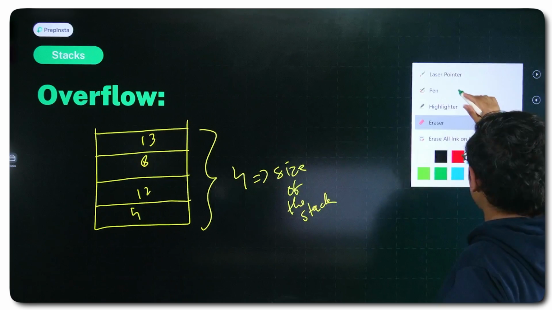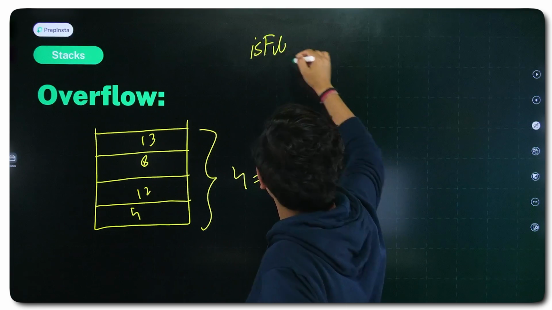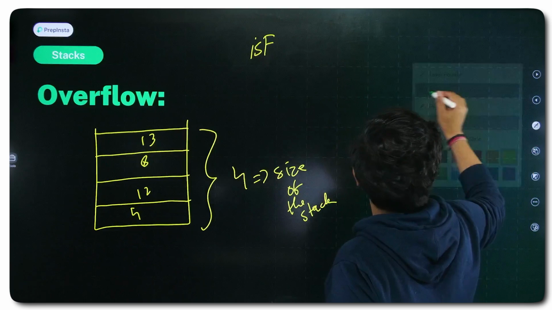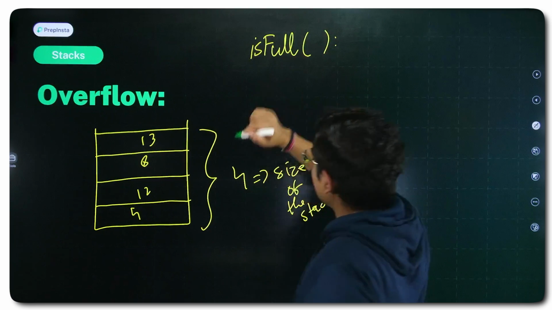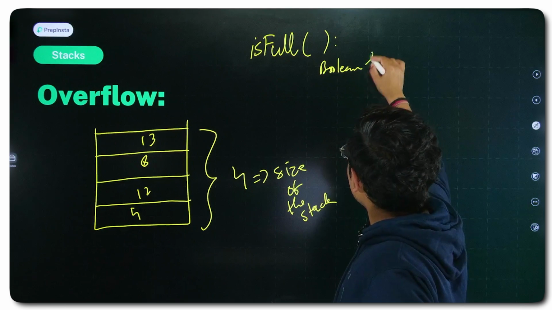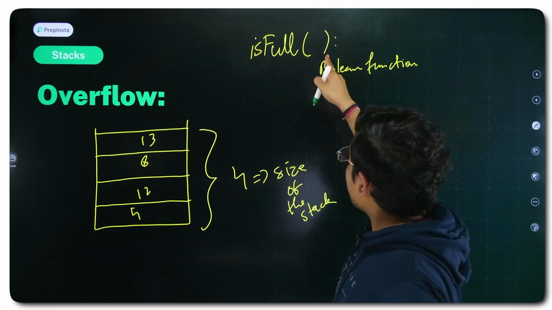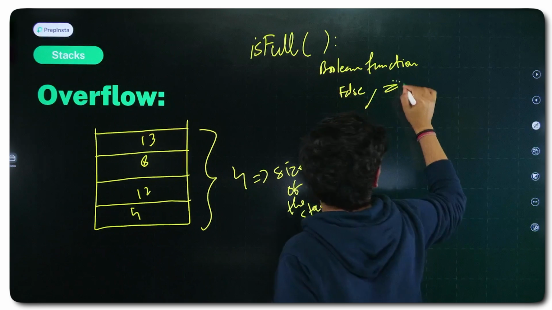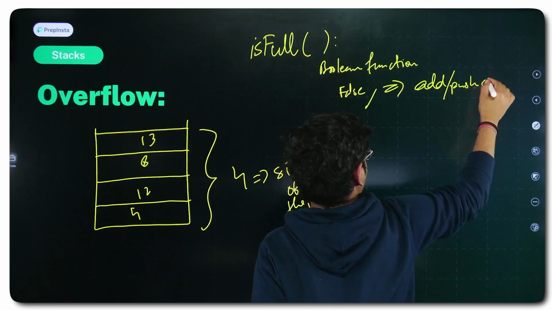So you have a function for it, which is called is full. This is basically a Boolean function, and this function will give you either true or false. If this function says false, then add or push can happen.